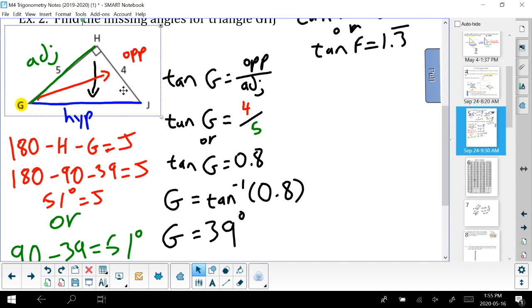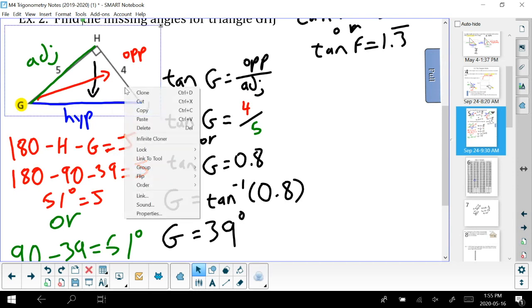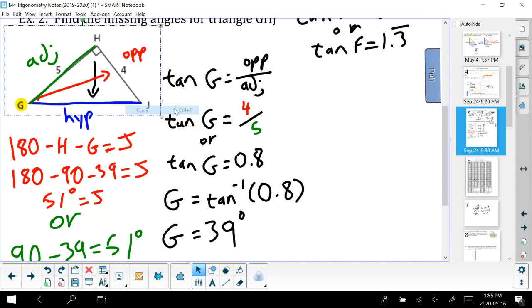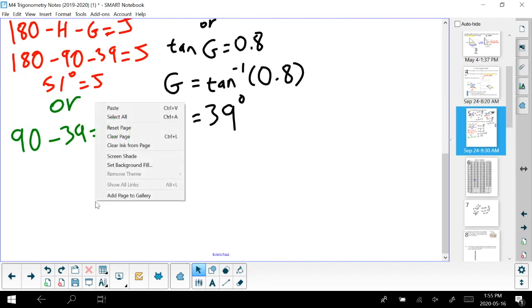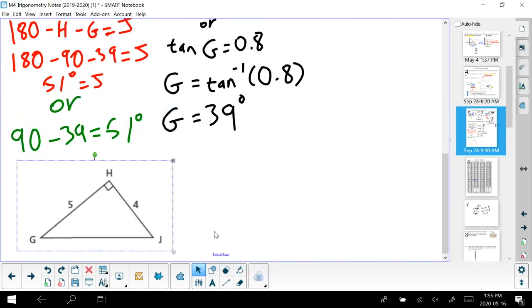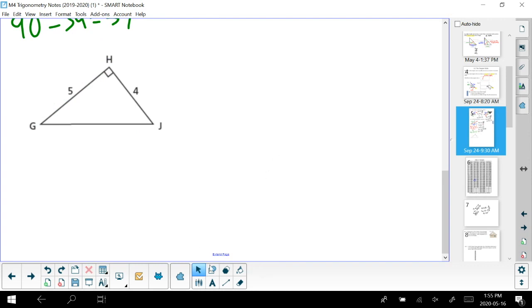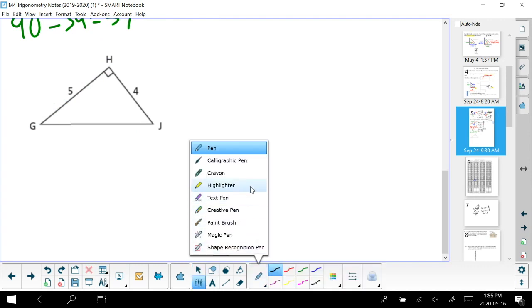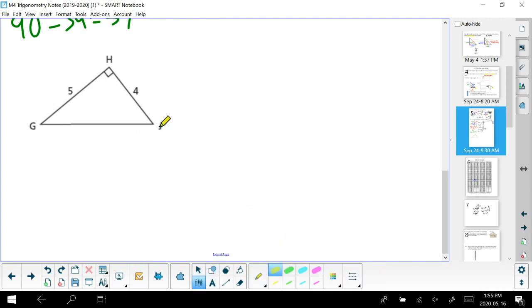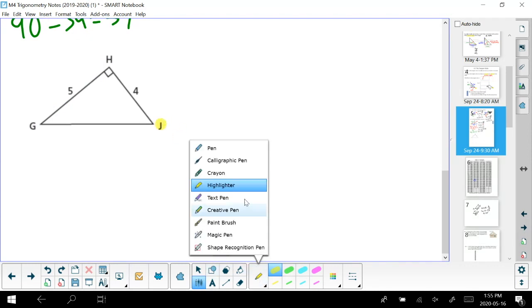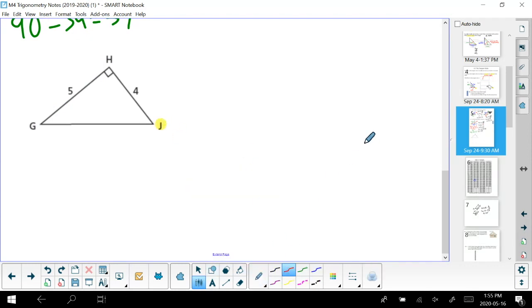Now, in the event that you don't start off with angle G, we can take a look here at angle J really quickly. If we start off with angle J, let's first highlight this and label each of the sides appropriately.